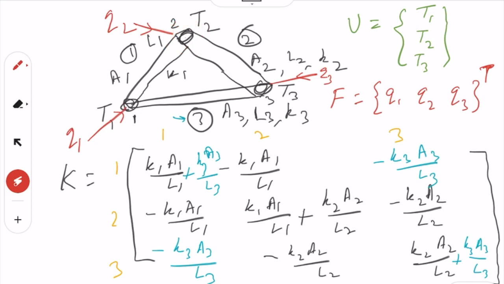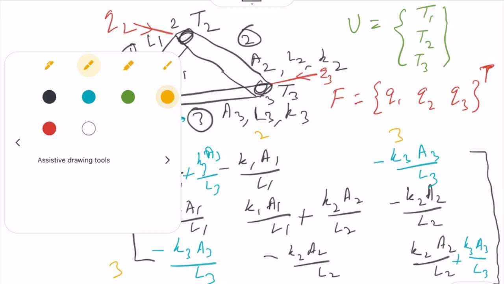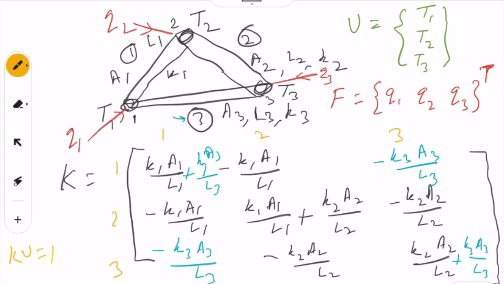Similar to earlier, where you prescribed either force or displacement, or either voltage or current, here you will prescribe either the flux or the temperature, but not both. Once you have this Ku equal to F system, the rest you can do based on the boundary condition.